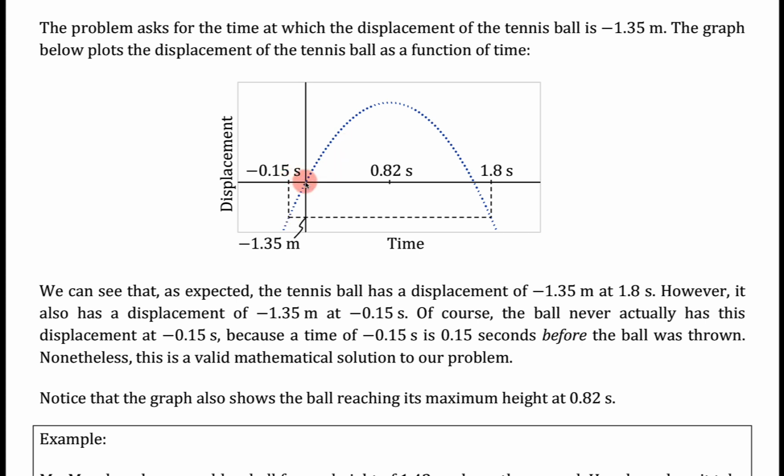We throw the ball at this instant. And so this is actually before the ball was thrown. So the ball never has that displacement at minus 0.15 seconds in reality, but this is a valid mathematical solution to our problem. So we can think about it mathematically, even though it doesn't actually make physical sense.